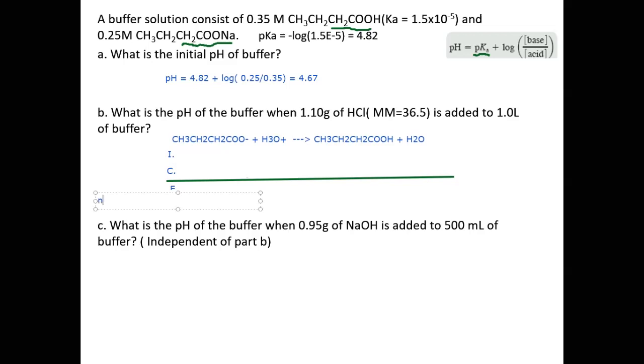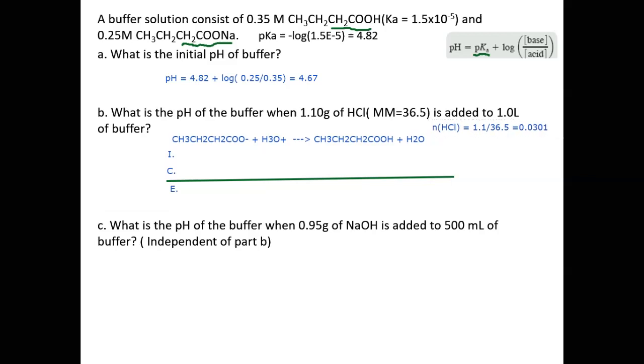So moles of HCl equals 1.1 divided by 36.5. So the moles of HCl equal 0.0301.